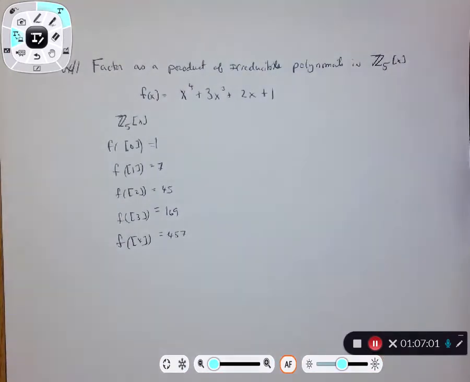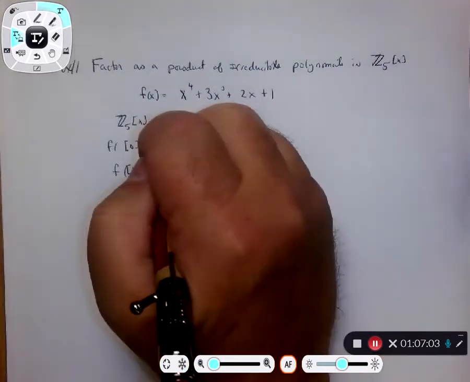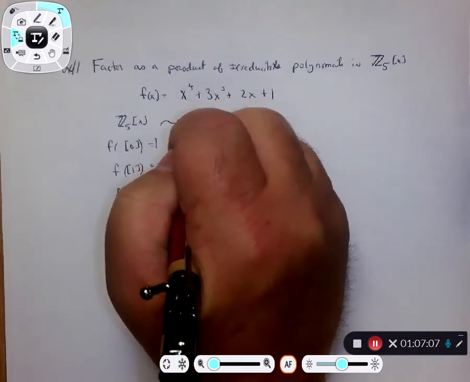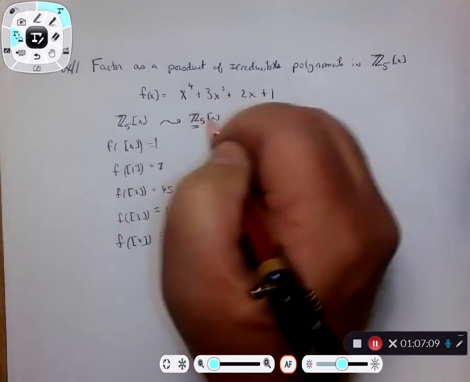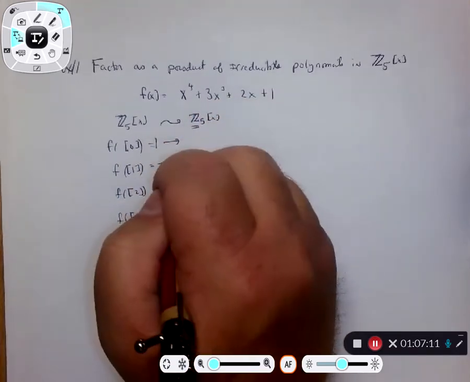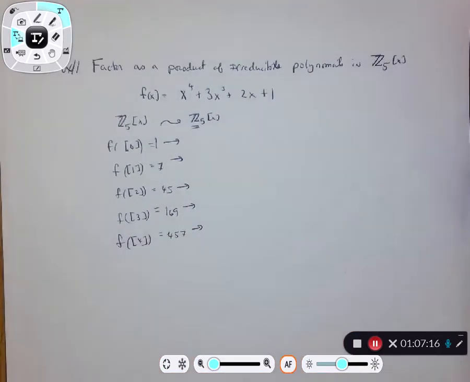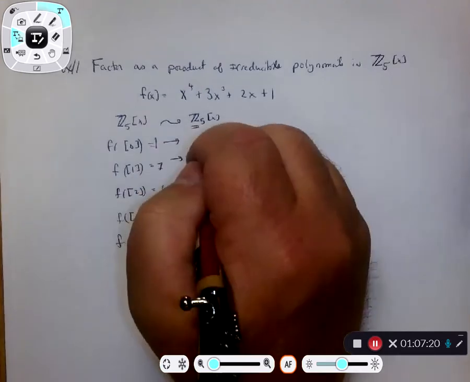But again, to analyze these guys, I've got to pay attention to that field. That's why it's so important. It's Z5 adjoined x, so we've got to convert these guys into Z5 numbers. Well, luckily 5 is easy to divide by and figure out what the remainder is, so 1 is equal to 1.